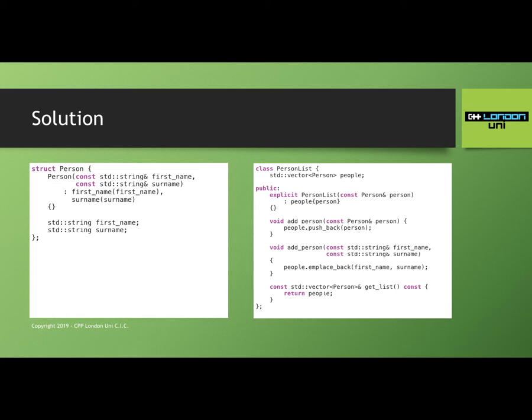So what emplace_back is going to do is call a person constructor that takes first name and surname, so this constructor up here, but construct the object directly inside the vector. So it's kind of a minute optimization. But if you have wondered what this emplace_back thing does, then that's what it does.